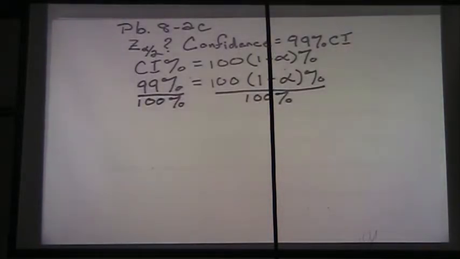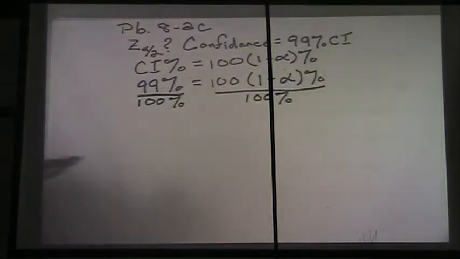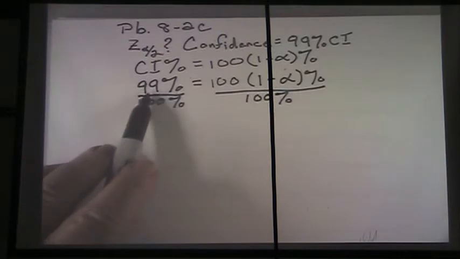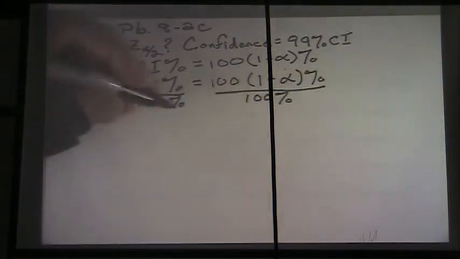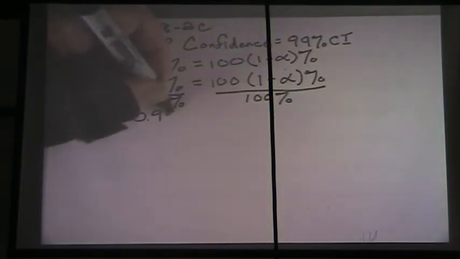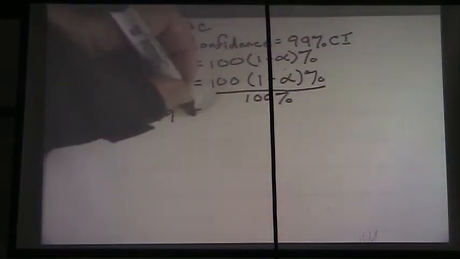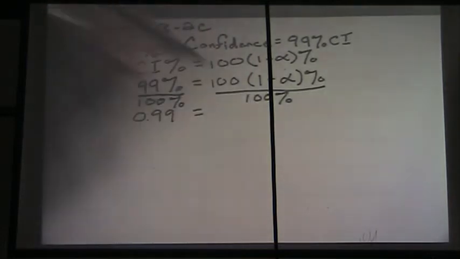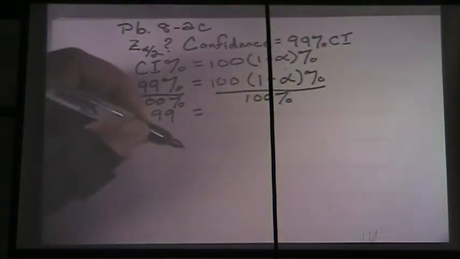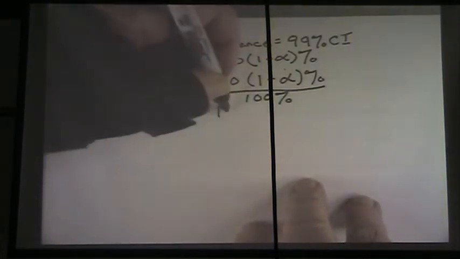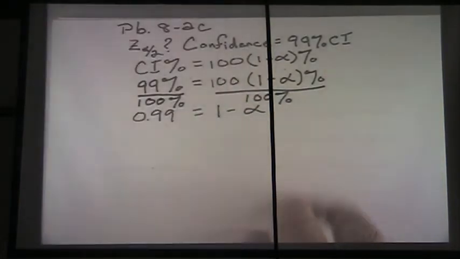When I divide 100 into 99, I move my decimal place over 2 places. 0.99 equals 100 divided by 100 is 1. Percent divided by percent means we throw that away. So 0.99 equals 1 minus alpha.